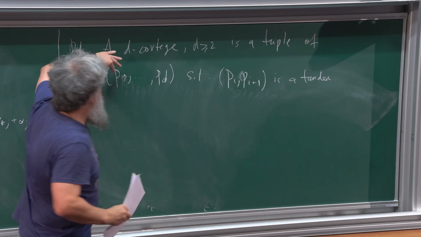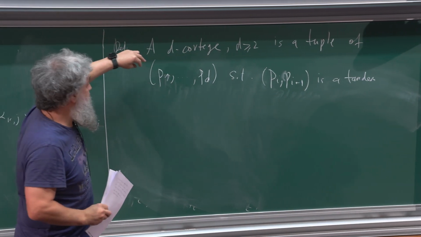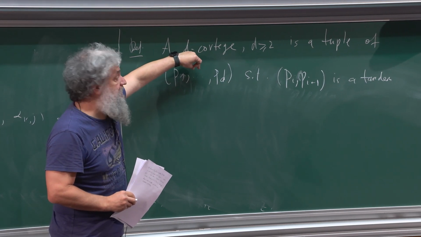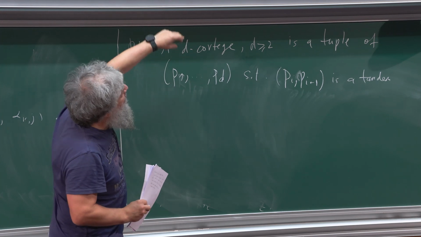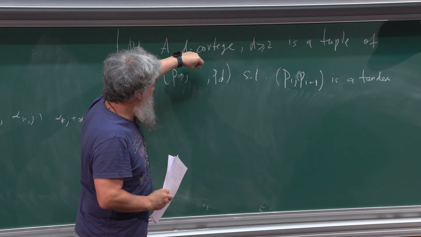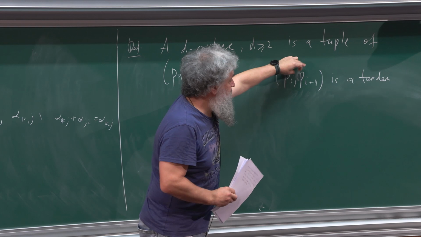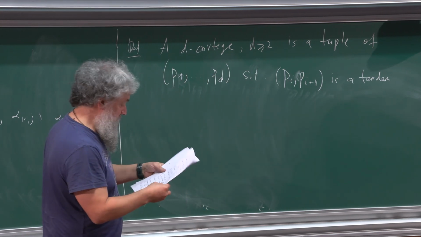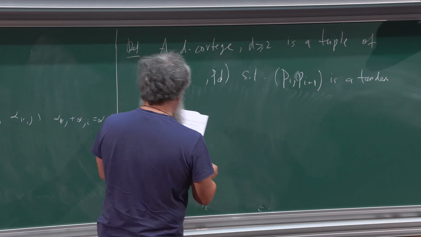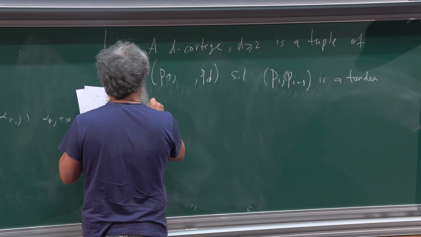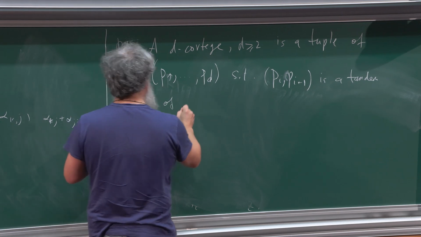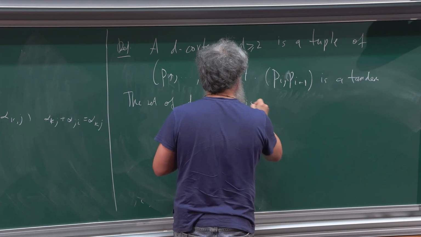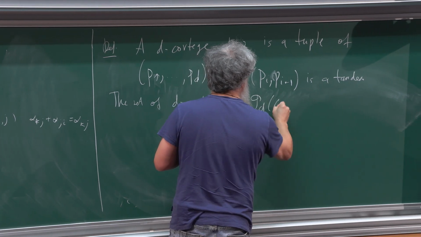So we take a sequence of paths such that each two consecutive paths can be connected. They form a tandem, which means that the concatenation would be non-zero. The set of d-Cartèges is denoted by Pd of G.